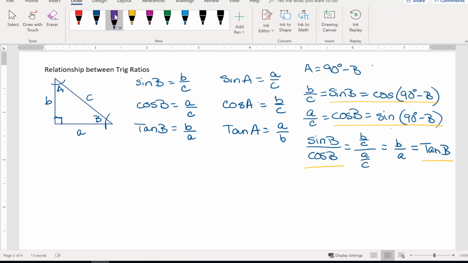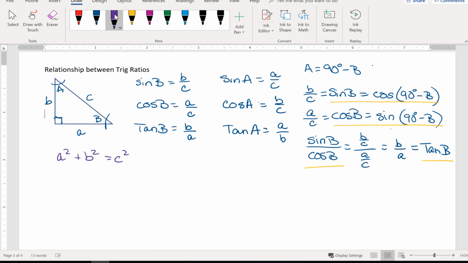Let's look at one other ratio here. To do this, we're going to use the Pythagorean theorem, which we know is a squared plus b squared is equal to c squared. In order to do this, we're going to take a look here at our ratios. We know that sine b is equal to b over c.